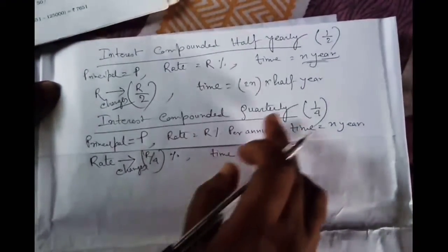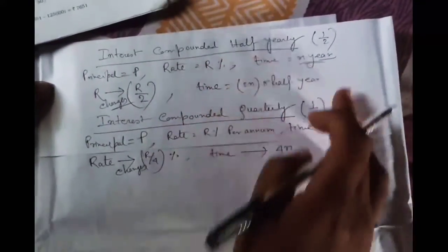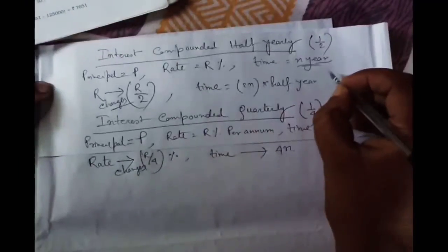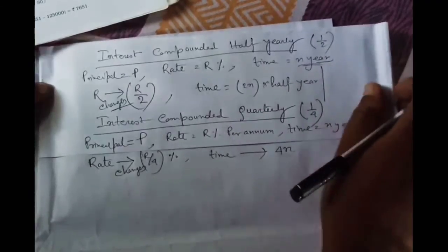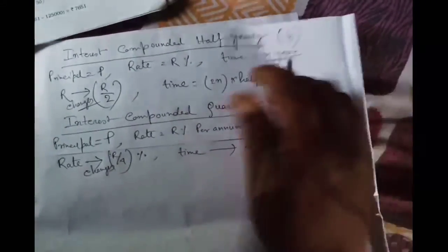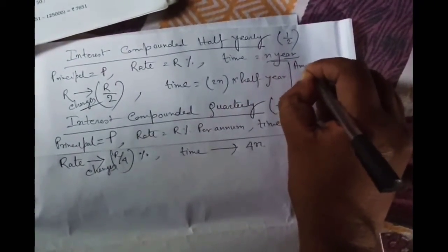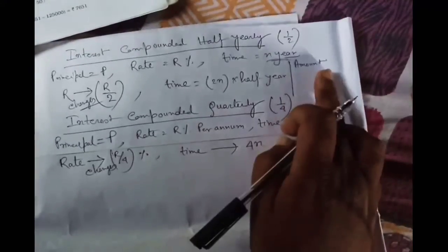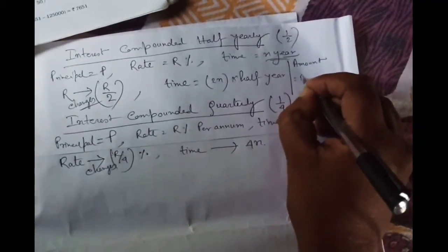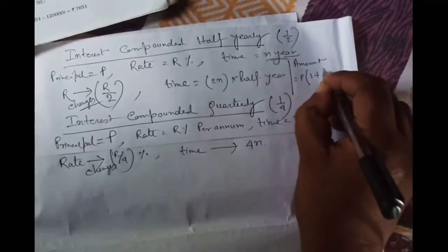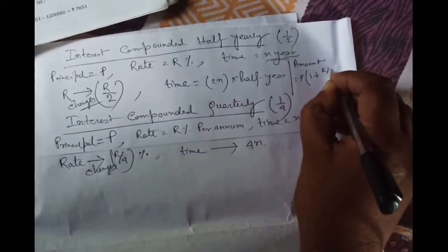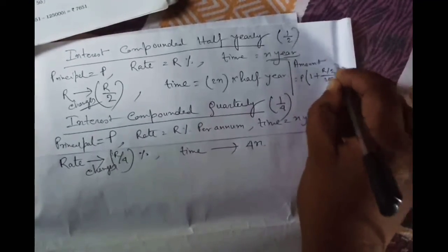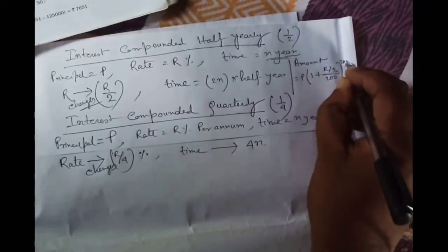Now for interest compounded half yearly, the amount should be, I forgot to write here, the amount. What will be the formula of amount? Amount should be P into (1 + r/(2×100)) whole to the power twice n.